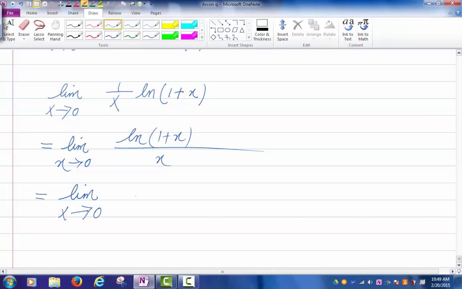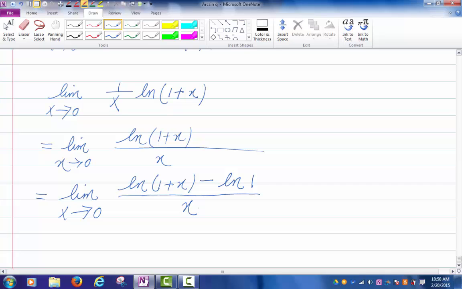Maybe it's going to take a long time to realize, but at some point, hopefully, I feel like it looks like the limit definition of the derivative of something, and I want to subtract something here. Subtract ln of 1. Why can I subtract ln of 1? Well, it's just 0. ln of 1 is just 0. So I'm subtracting 0, doesn't change anything.